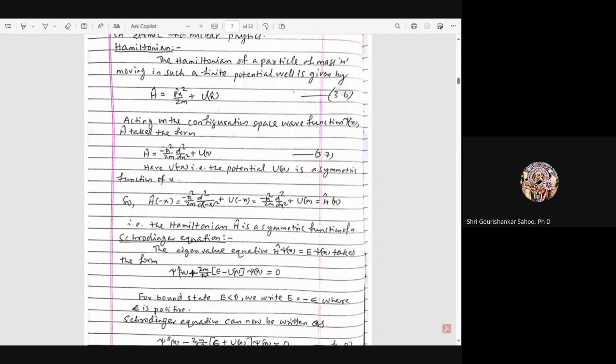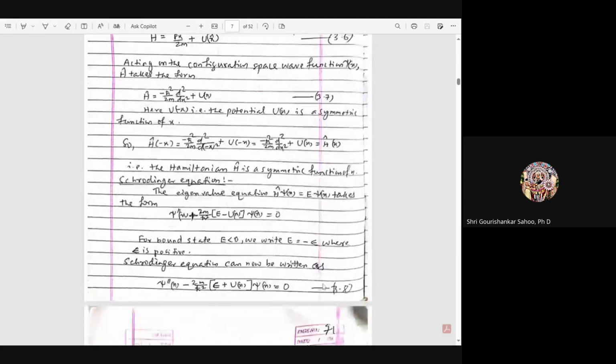And u is a symmetric function of x, u of x equal to u of minus x, and H cap of minus x is equal to H cap of x. So the Hamiltonian is a symmetric function of x.